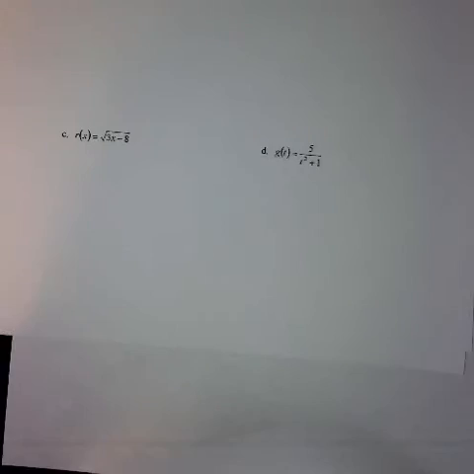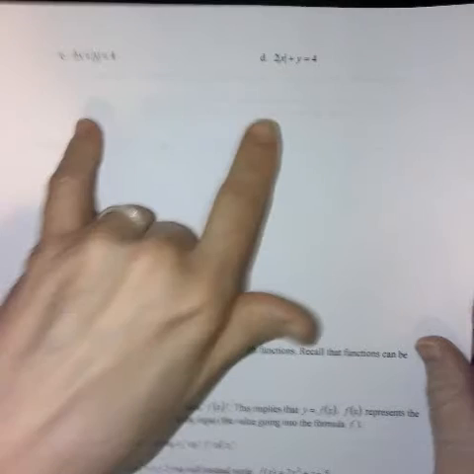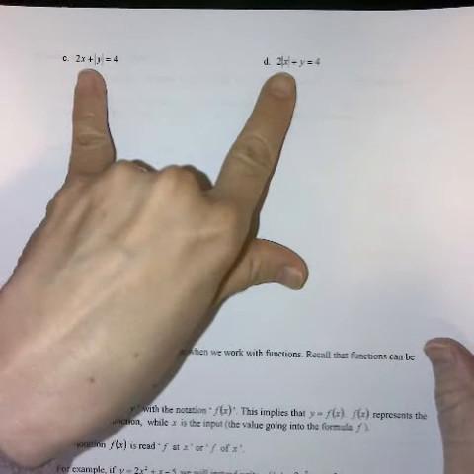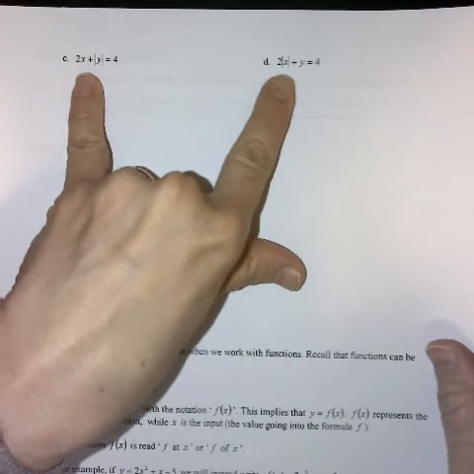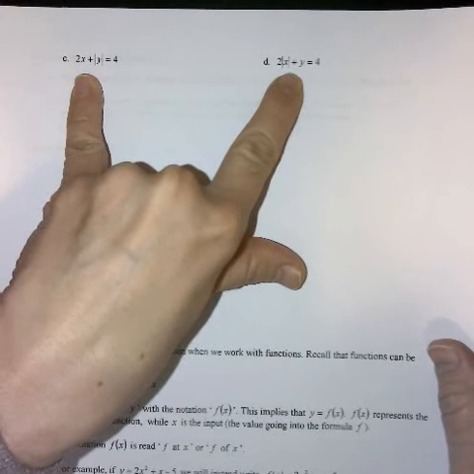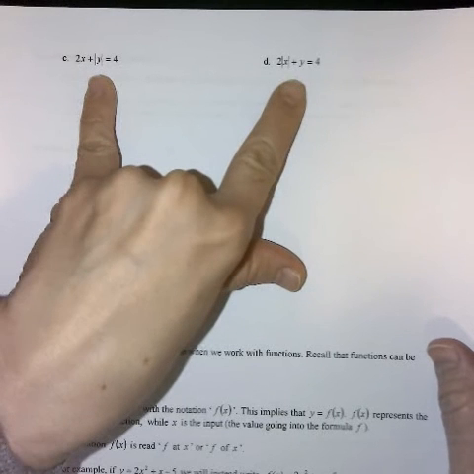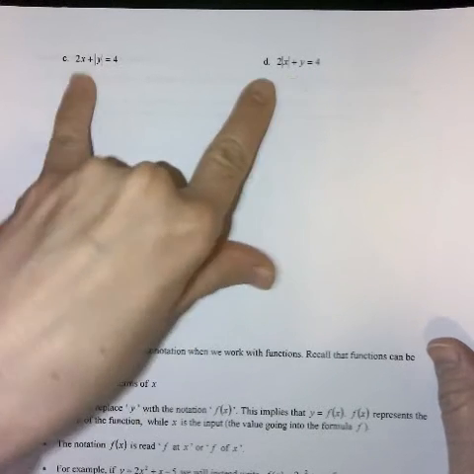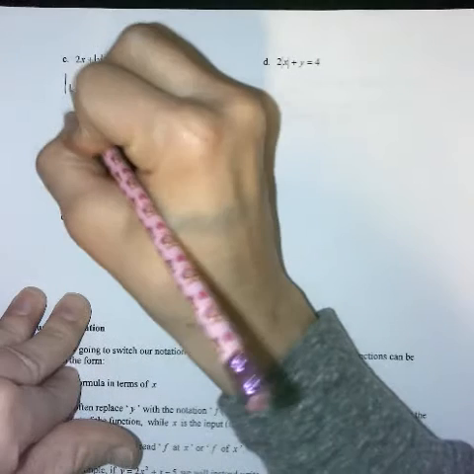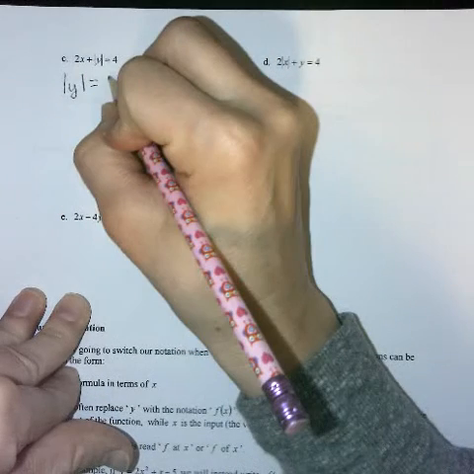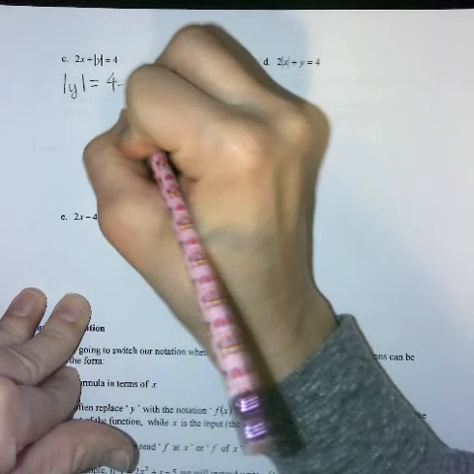All right, C and D, let me get this organized. C and D I kind of want to do together because they look very similar to people, but they're two different results here. You want to try to isolate y in both cases. In the first one, when you isolate y, you've got absolute value of y as 4 minus 2x.